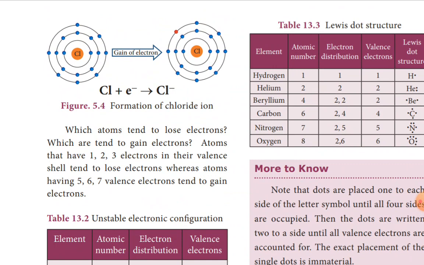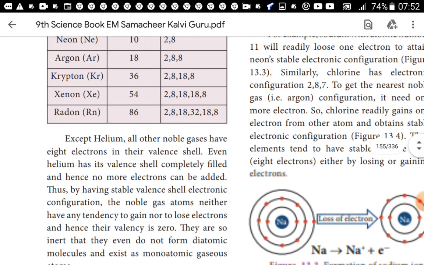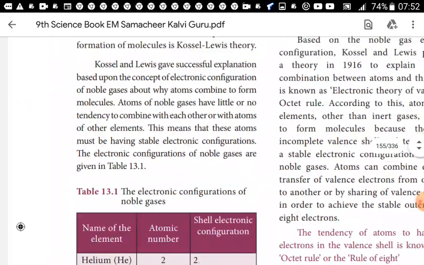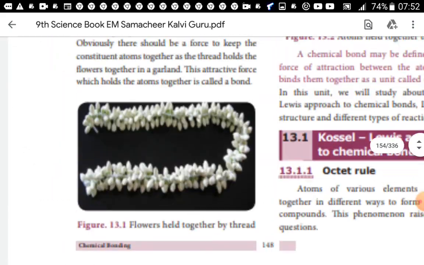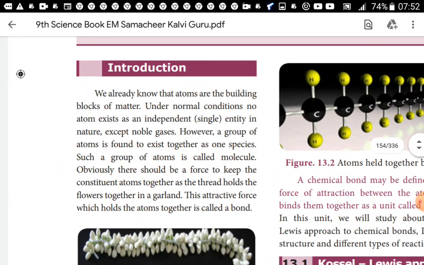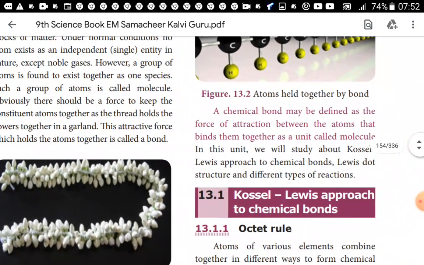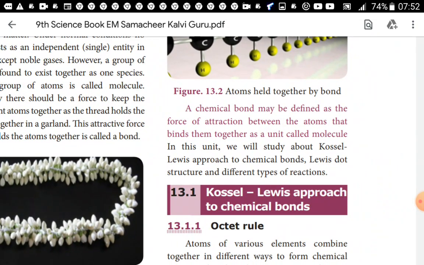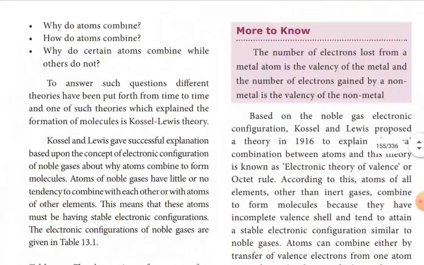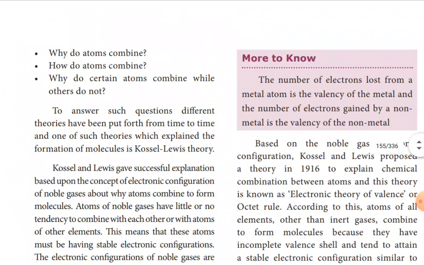So up to this you have to learn from the beginning. See in the first para: what is an atom, what is a bond, what is the definition of chemical bond, what is called the octet rule, and why do atoms combine? Atoms combine to get a stable electronic configuration.